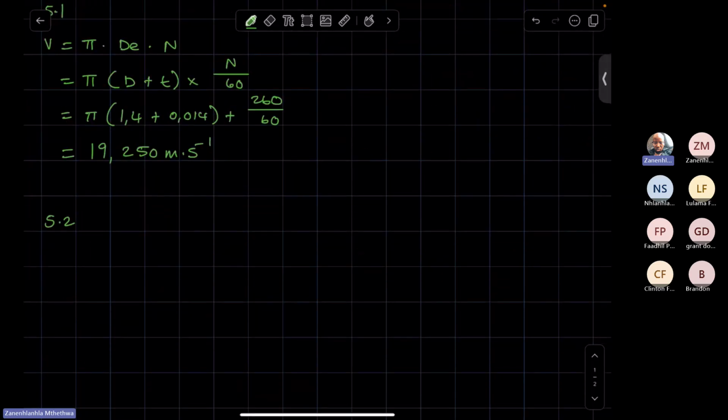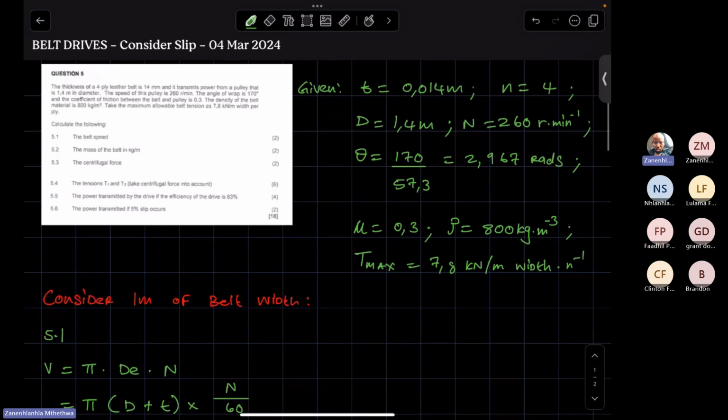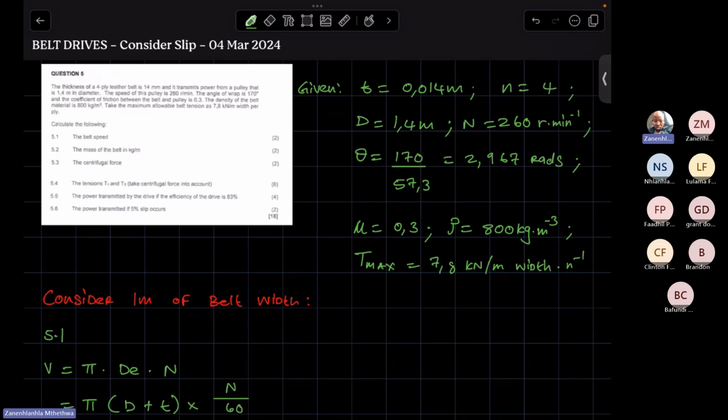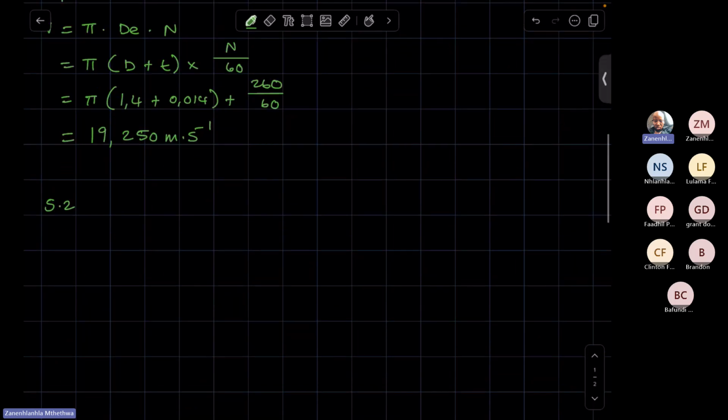Now, 5.2, calculate the mass of the belt in kilograms per meter. So there is M dash. M dash is the mass of the belt per meter length of the belt. So you get M dash and you get M dot. M dot would be the mass flow rate.